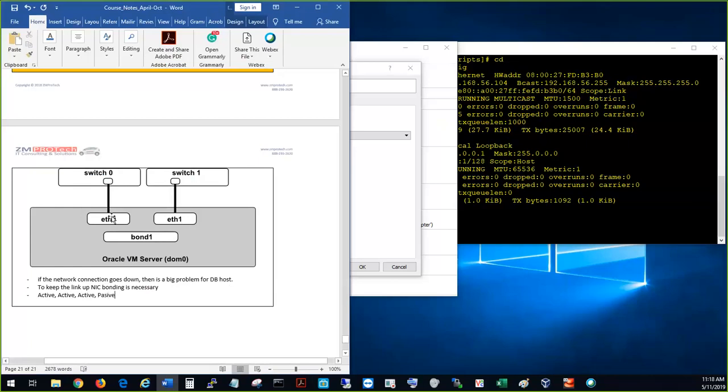So the moment one goes down, the other one will pick up. Sleeping in the sense that it will come up, check and go to sleep. So there won't be any time, not even a millisecond, that the connection for this database will be down, because that's why we have this setup, so that the connection is up all the time.